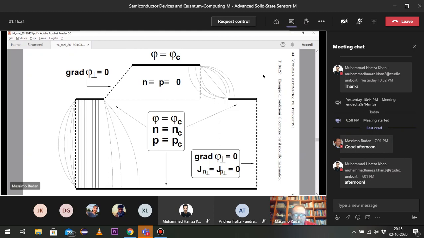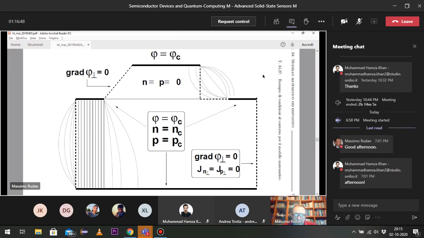We must remark that the contacts are not made of semiconductor, they are typically made of metal, okay? So there are interfaces at the contacts between metal and semiconductor, or between metal and insulator if you consider the gate contacts, okay?